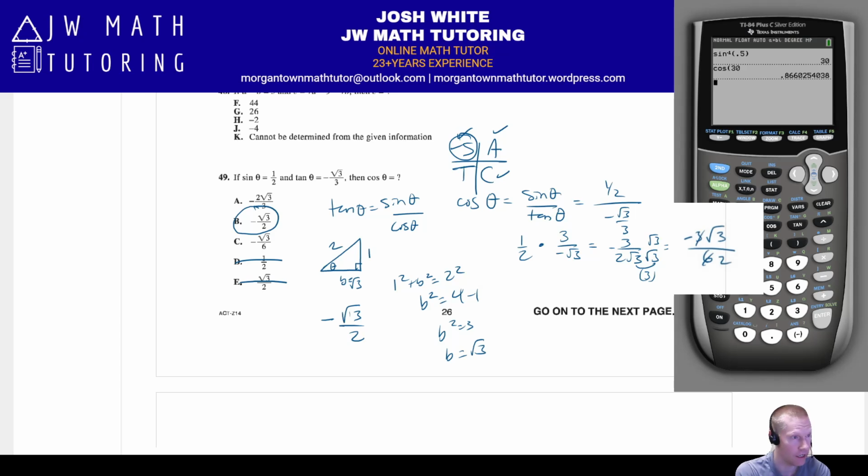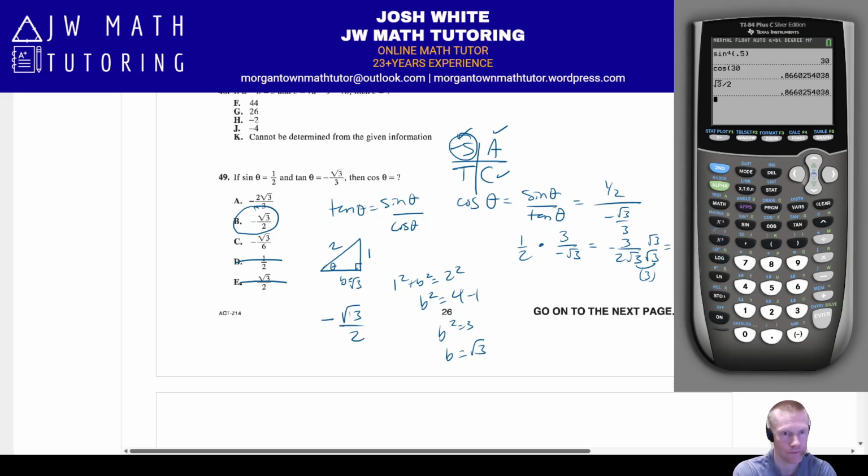If you don't recognize it already, you could just type each of them in and see which is equivalent to this. So for example, square root 3 divided by 2. Yep, it matches. So that just confirms that B is the correct answer. But that's an alternate way. That's the third way that you could solve this problem as well.